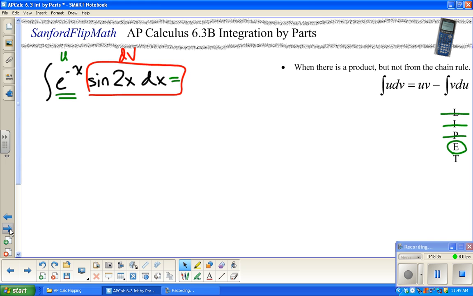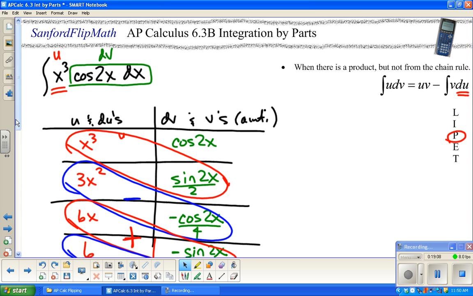Now, here's the issue. When you do the derivative of u, you're going to get negative e to the x. When you do the derivative of that, you're going to get negative e to the negative x, I think another negative, so back to positive. And then you do the derivative. So anyway, the idea is it's never going to go away. Like with x cubed, when I do the derivative of x cubed, it's x squared and works down to x, and then eventually those derivatives go away.